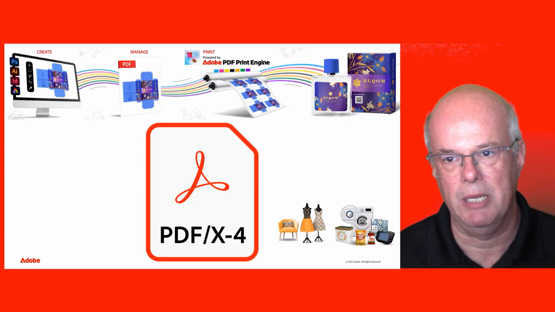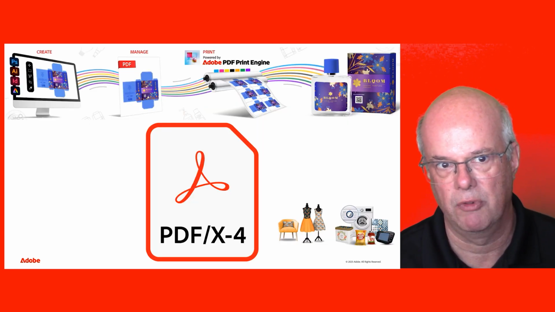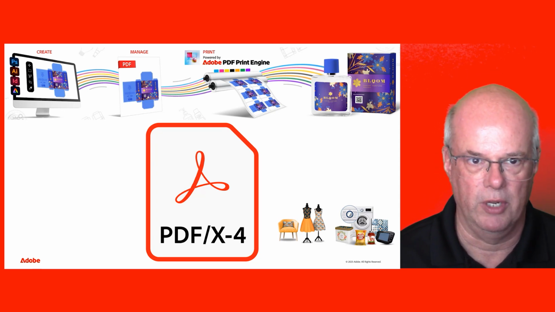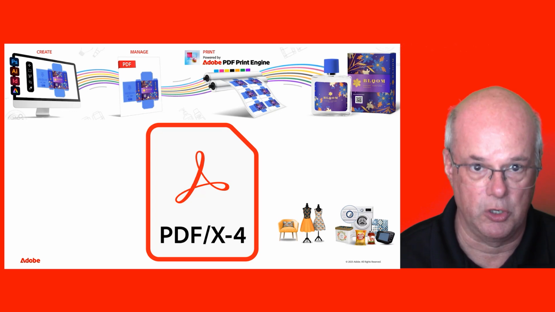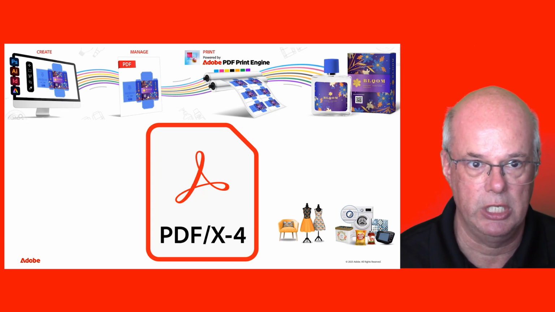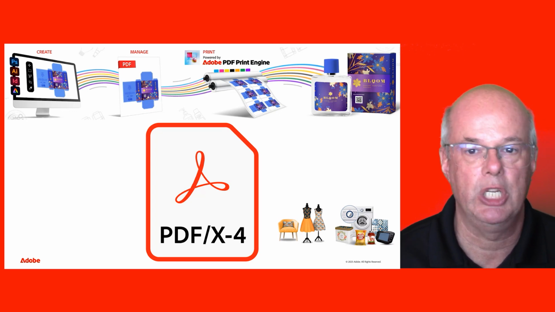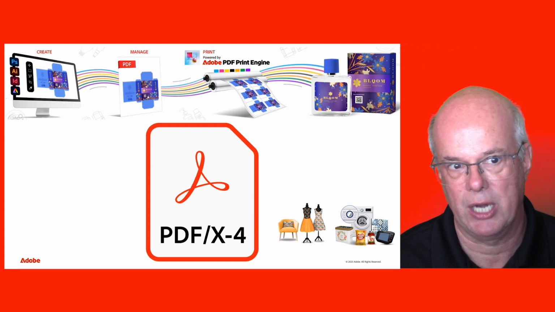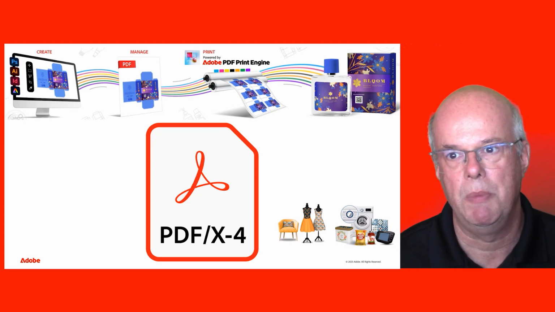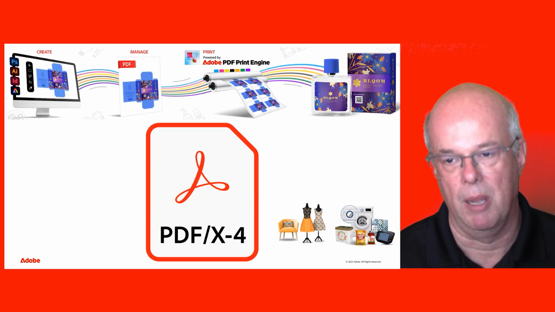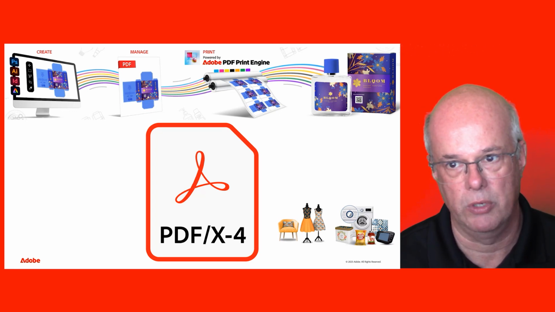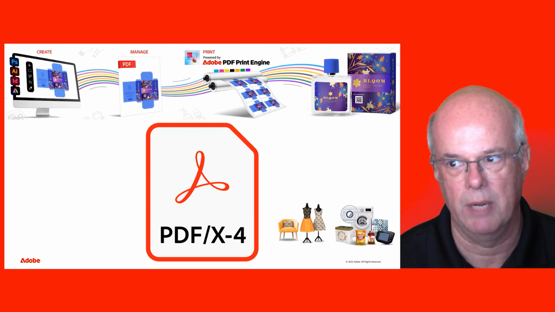Now, all this is made possible by the power of PDF. And at Adobe, we have many tools that are available to cover the entire spectrum of the workflow, all the way from creation in our creative applications in Creative Cloud, through the managing of a PDF file with products like Adobe Acrobat, through the Adobe PDF Print Engine, which is our flagship product, which is used by many manufacturers around the world for the rendering of the PDF files so that it can be turned into real products, whatever the substrate, whatever the product.